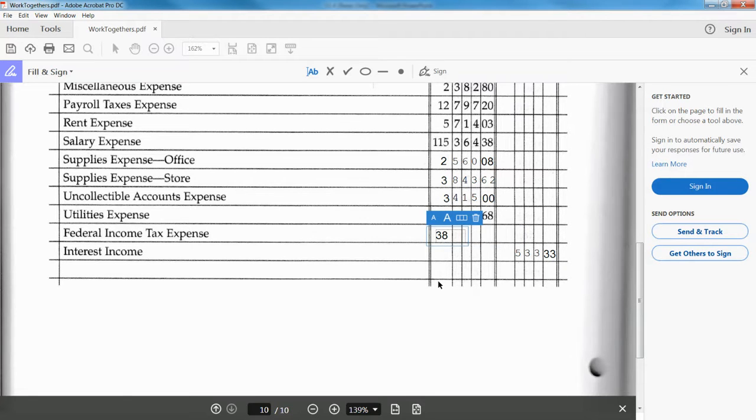So that was 38,469.20. And then the last thing we need to do is prove and total and rule. We're going to put in totals here. And we need a rule across there.